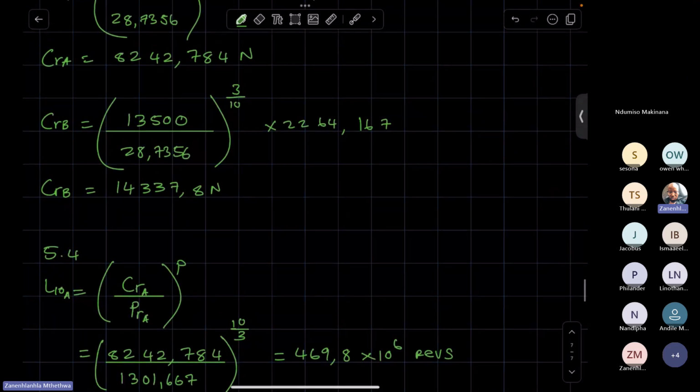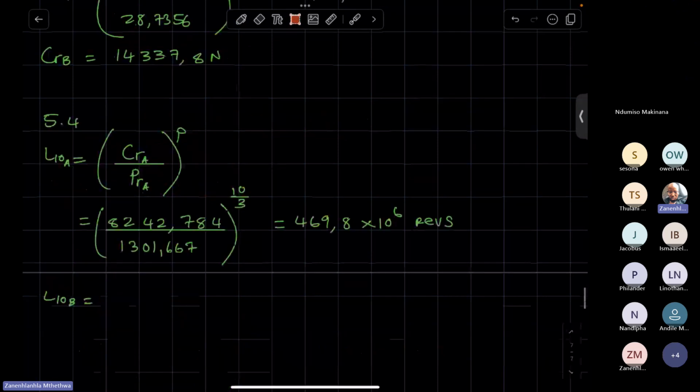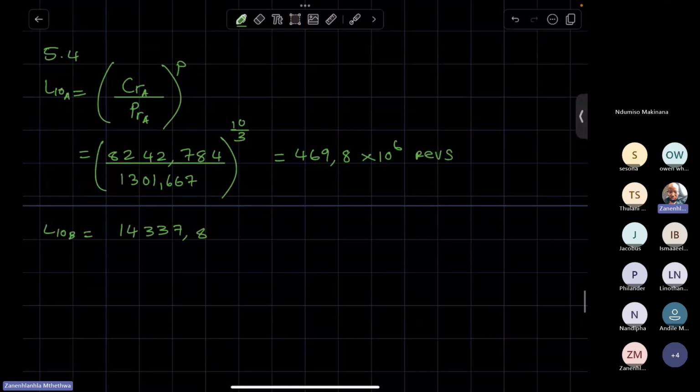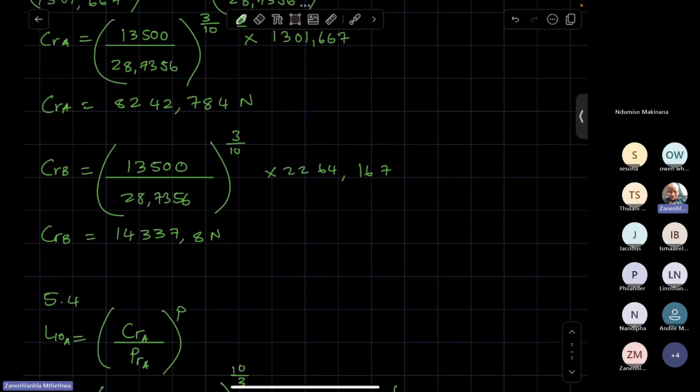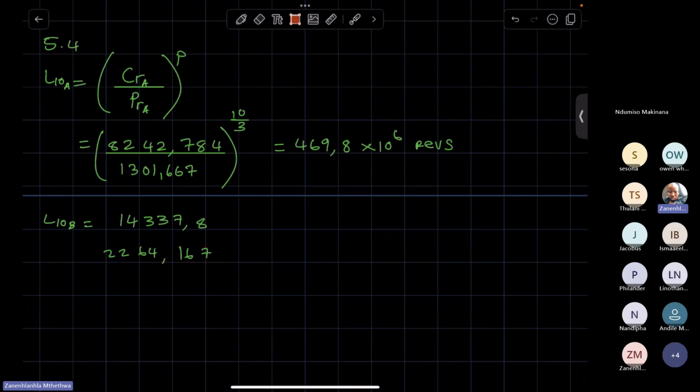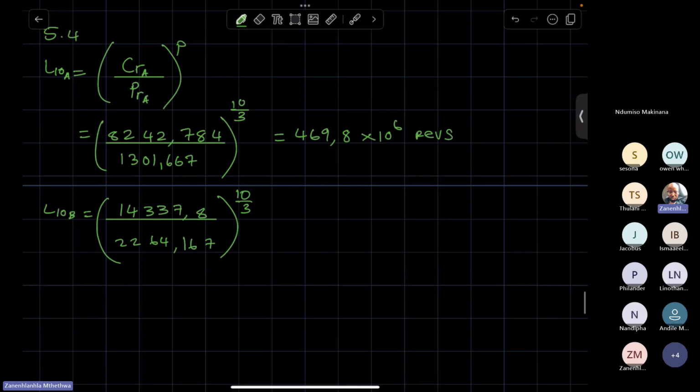So substituting CRB is this one, and then PRB is this one. You're of course dividing here. All of this is to the exponent 10 over 3.